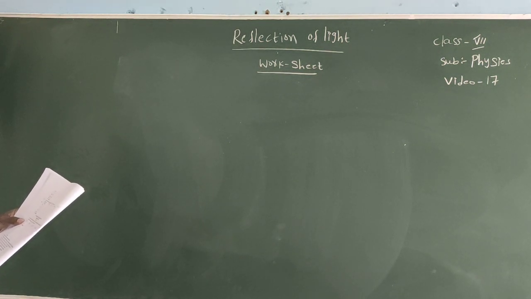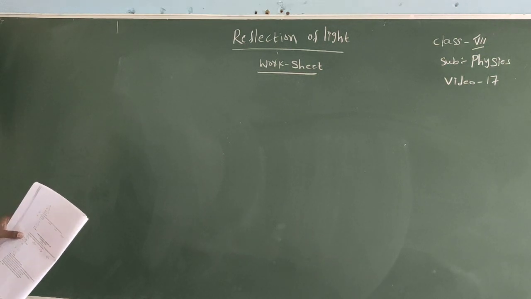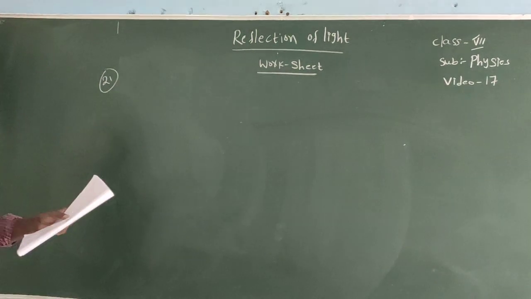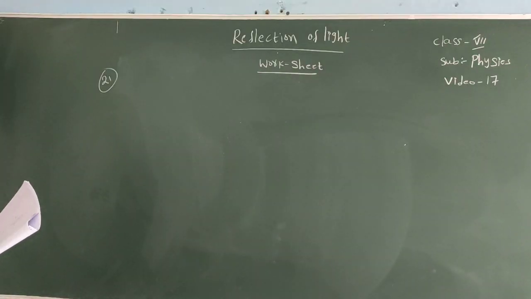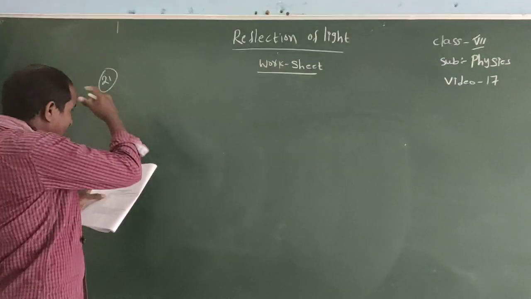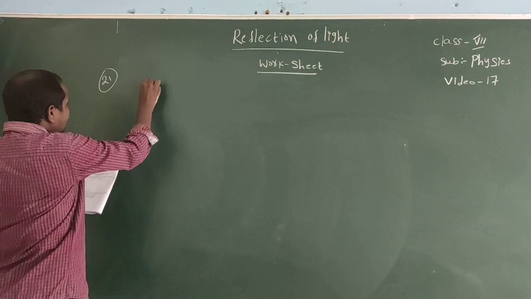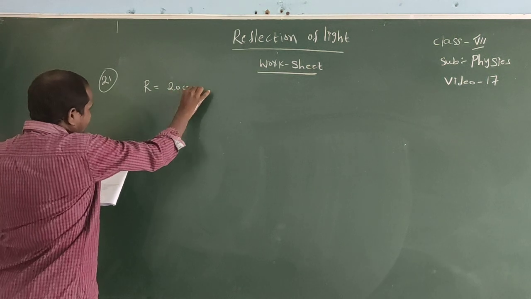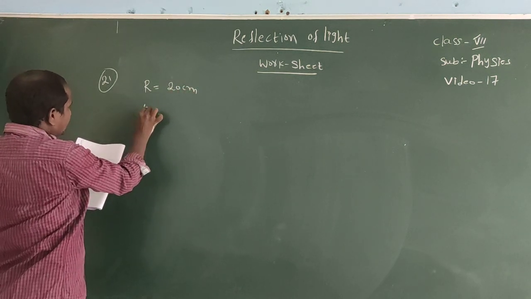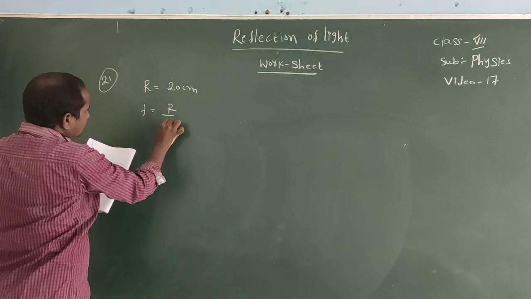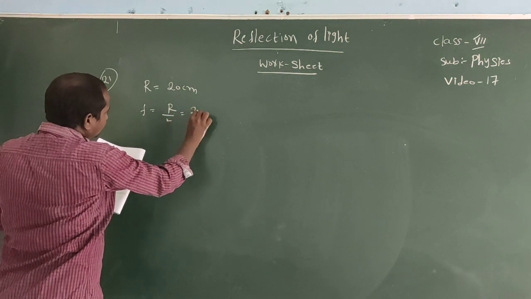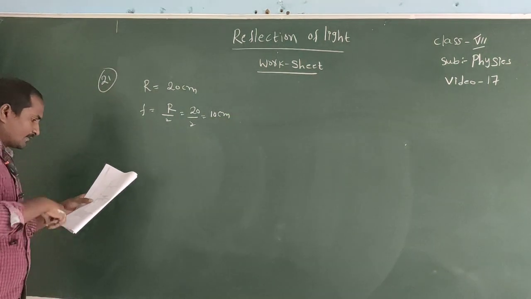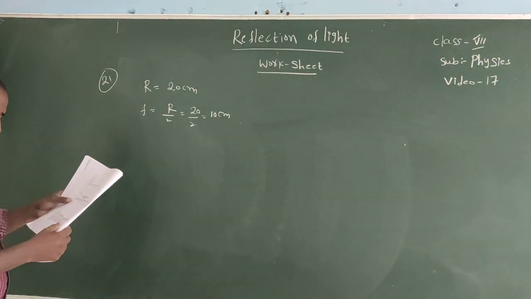To find the position of the image means the image distance. R is given, R equal to 20 centimeters. Therefore f equal to R by 2, 20 by 2, that equals 10 centimeters. Focal length equals 10 centimeters.